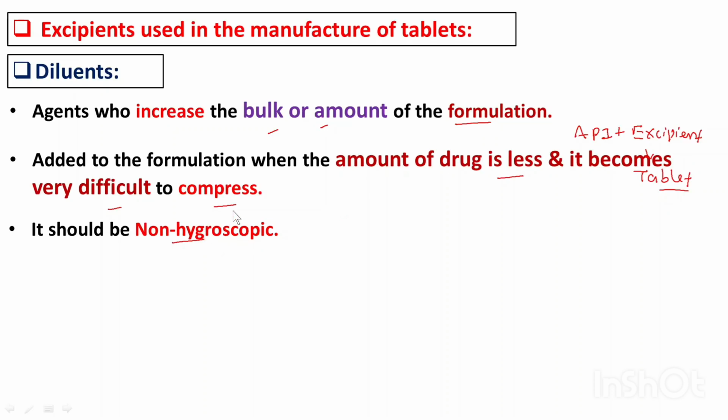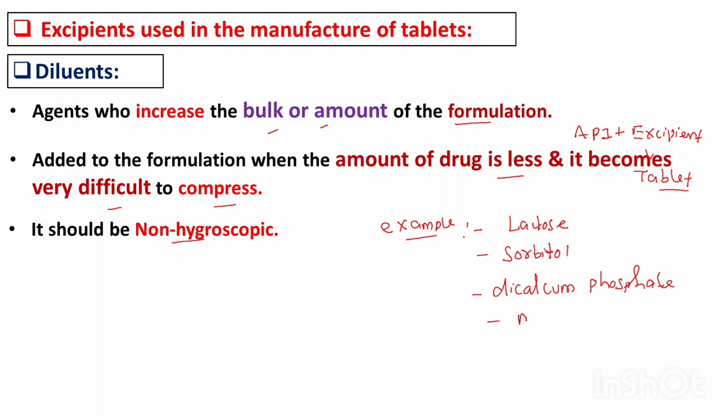Coming to the examples of diluents, what are the diluents used in the tablet dosage form? First one, lactose, the most used diluent, and sorbitol, one of the examples. Coming to dicalcium phosphate, right?